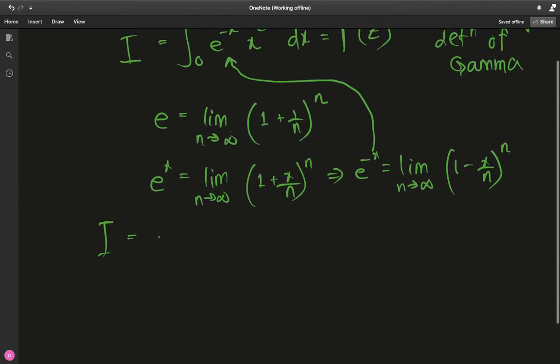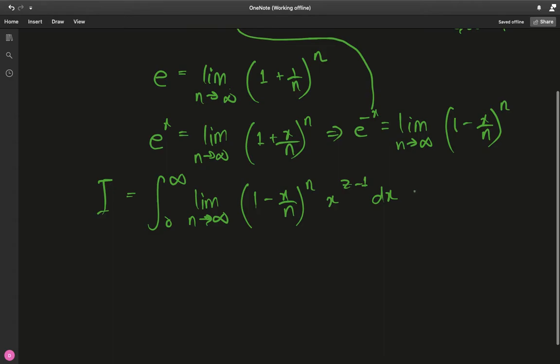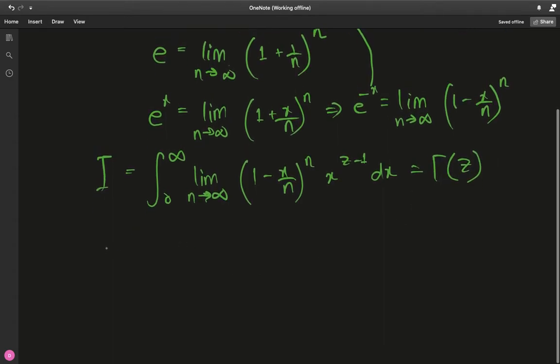So we have I defined as the integral from 0 to infinity of the limit as n goes to infinity of (1 minus x over n) to the nth power times x to the z minus 1 dx, and this still is equal to the gamma of z. Now I'm going to take the limit outside.